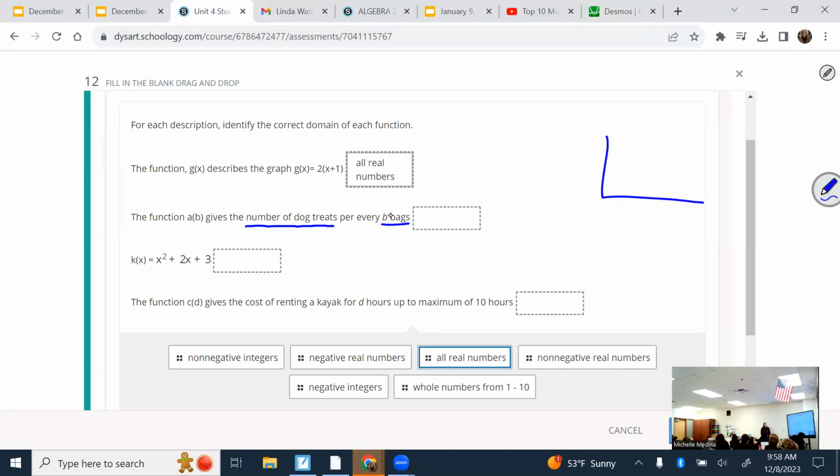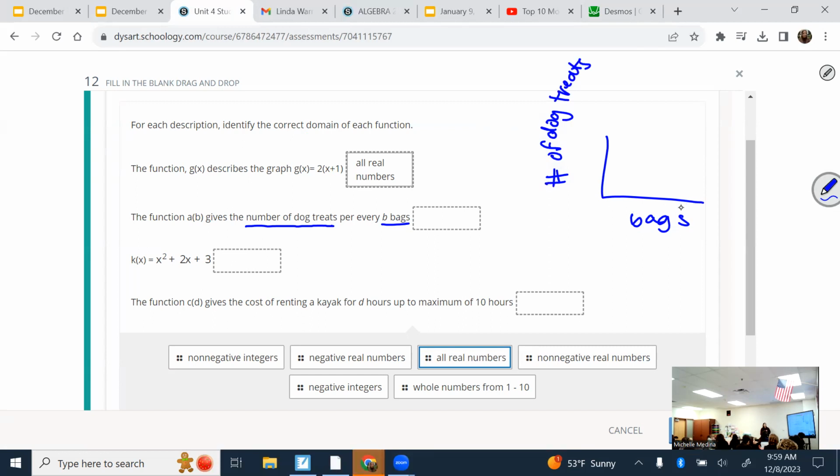If I was graphing this, what would go on my x-axis? Number of dog treats or b bags? Bags. So because it gives you the b in parentheses, that must be your input. And it looks like the number of dog treats depends on how many bags you're looking at.